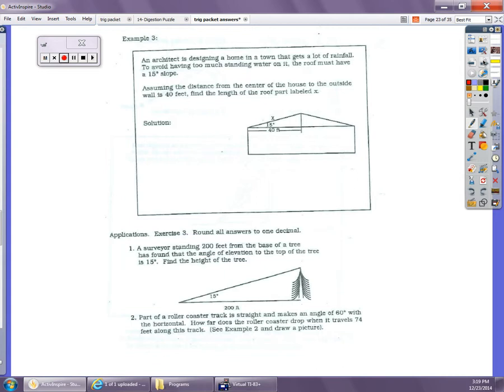Find the length of the roof part labeled x. Here's your angle. That's adjacent, and that's hypotenuse. So which one uses adjacent and hypotenuse? That's cosine, adjacent over hypotenuse. So the cosine of 15 is adjacent, which is 40, over hypotenuse, which is x.